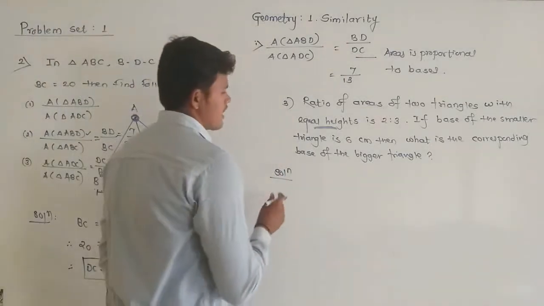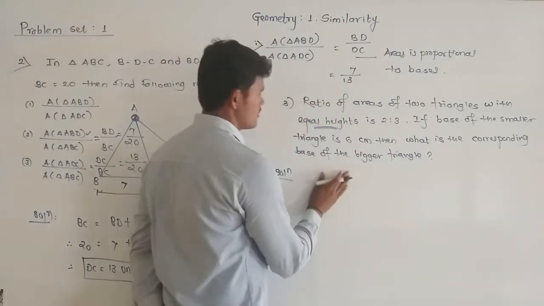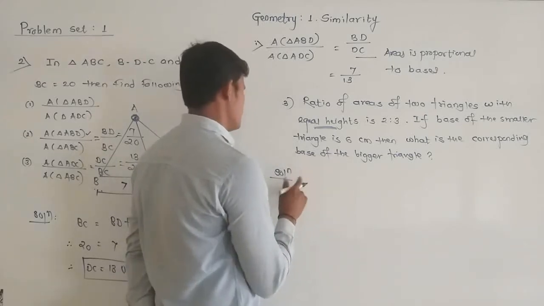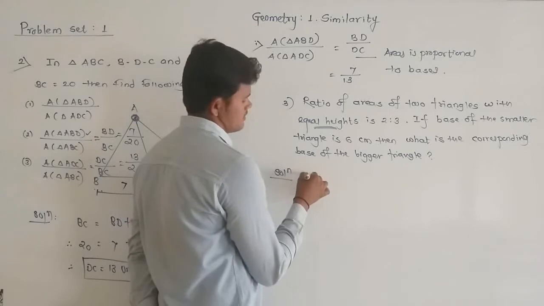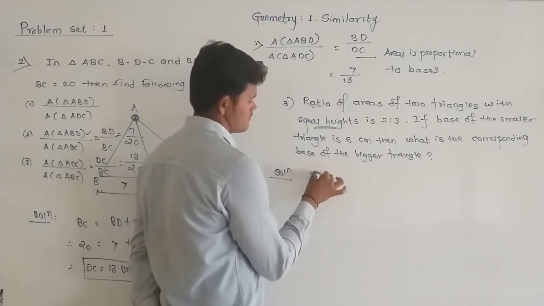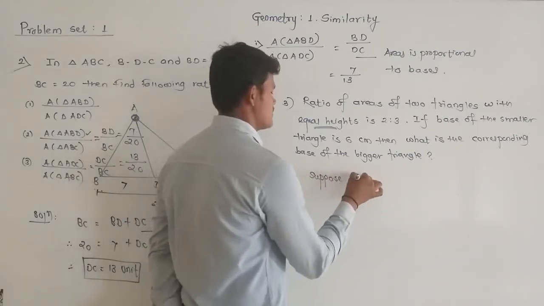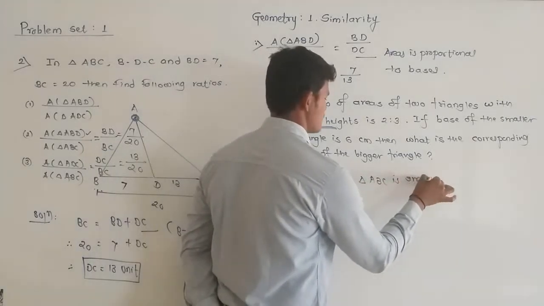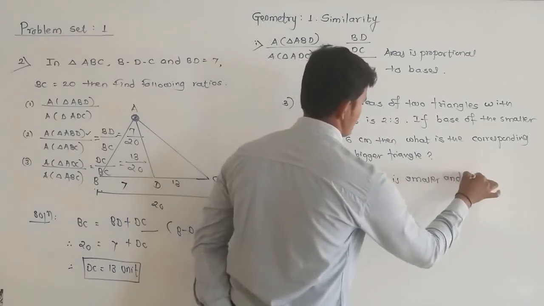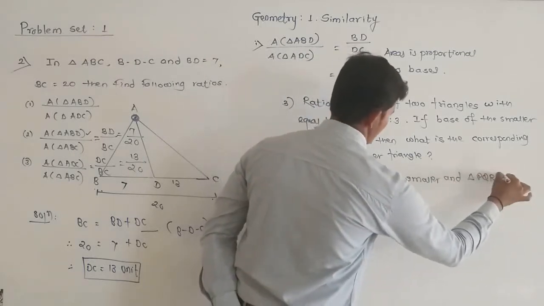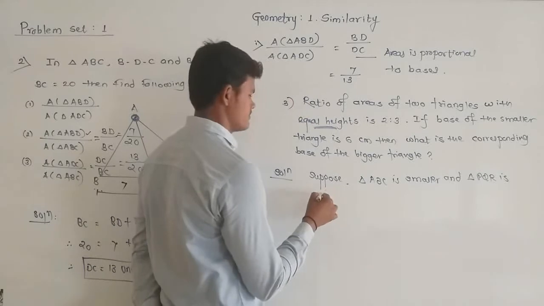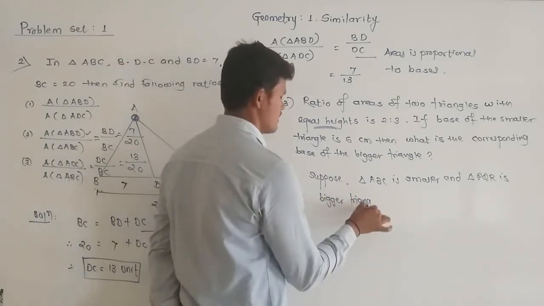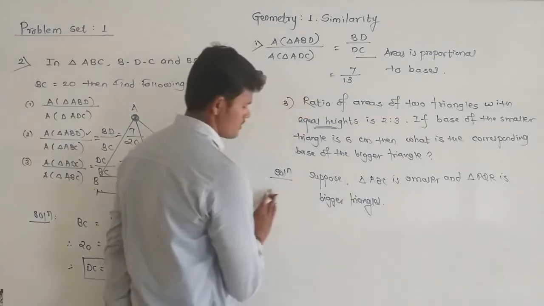Okay, so first of all, consider two triangles, smaller and bigger. Suppose triangle ABC is smaller and triangle PQR is the bigger triangle. Now take the ratio of areas of triangles.